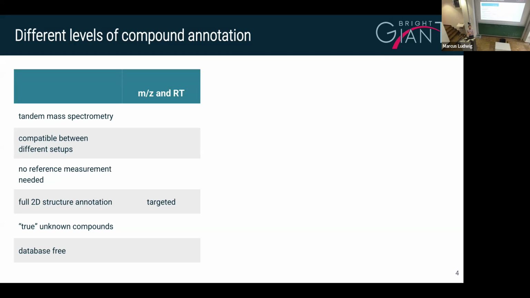If you're going for a targeted approach with MS1 and you have a retention time, you may go without tandem mass spectra, but this is only for a handful of things that you already expect to find in the data. That's not really what we are aiming at. We want to find compounds where we don't know in advance that they are in our data set. We don't want to rediscover them.